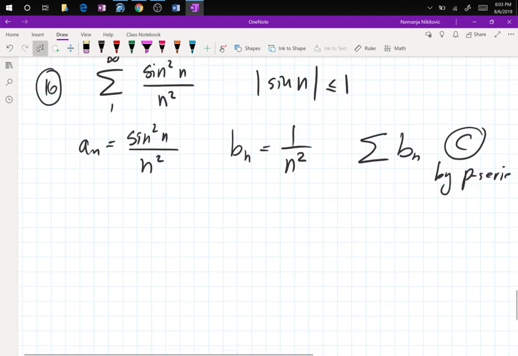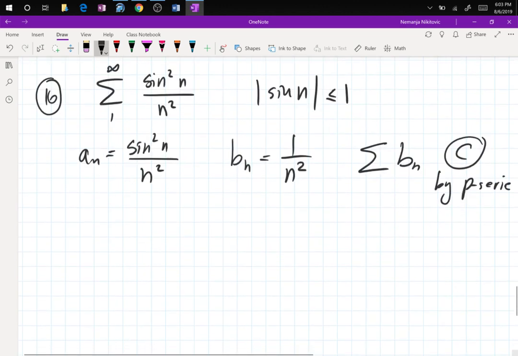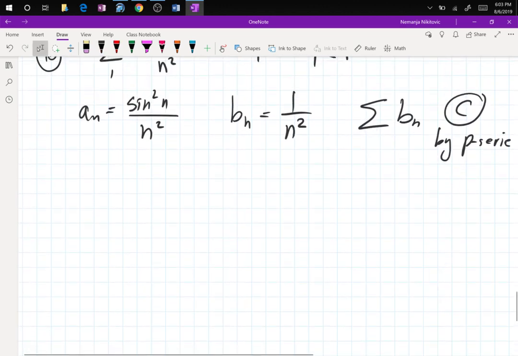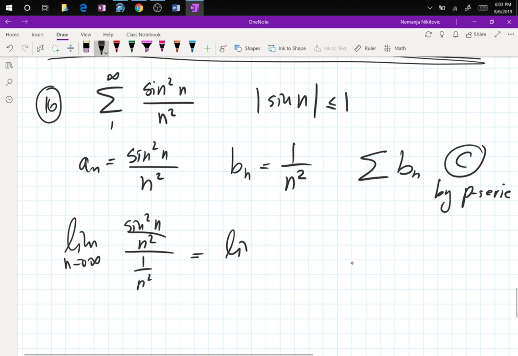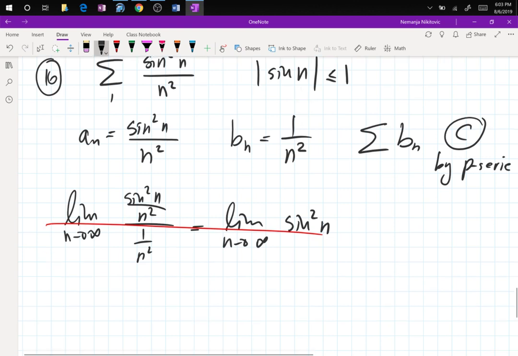So what do I do? Well, as I said, the limit comparison would not be a good thing because if you try to take the limit as n goes to infinity of sine squared n over n squared over 1 over n squared, you're just going to get the limit as n goes to infinity of sine squared n. And that doesn't work. So we cross that out, and we go with the direct comparison instead.